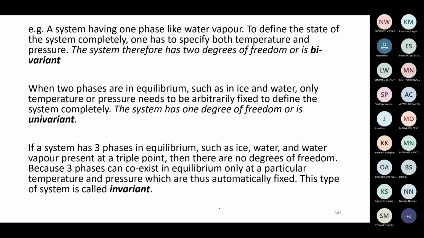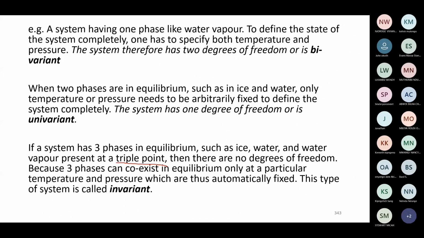You can also have a case where you have 3 phases in equilibrium. For example, ice, water, and water vapor. Now, the existence of these 3 phases usually takes place at what is called a triple point. This triple point is usually fixed. So it is at a fixed temperature and pressure.